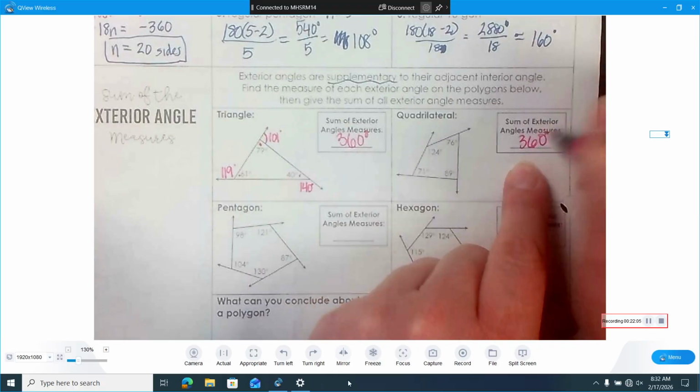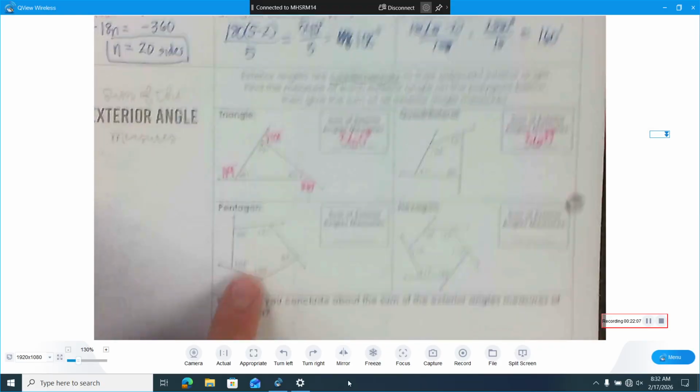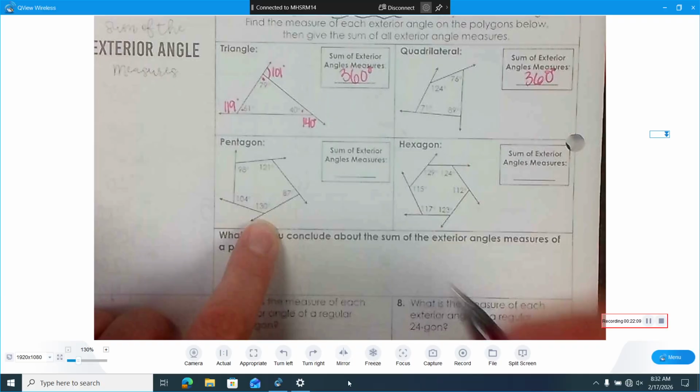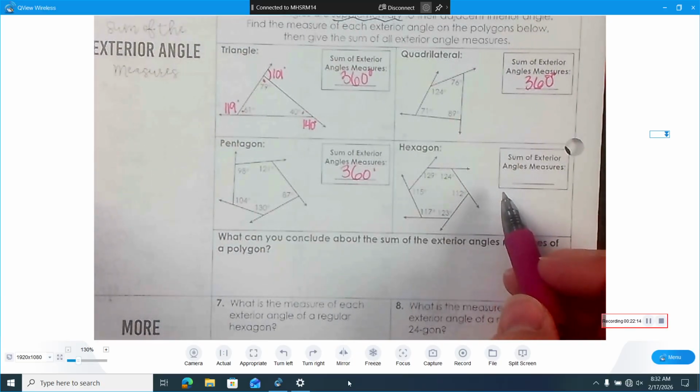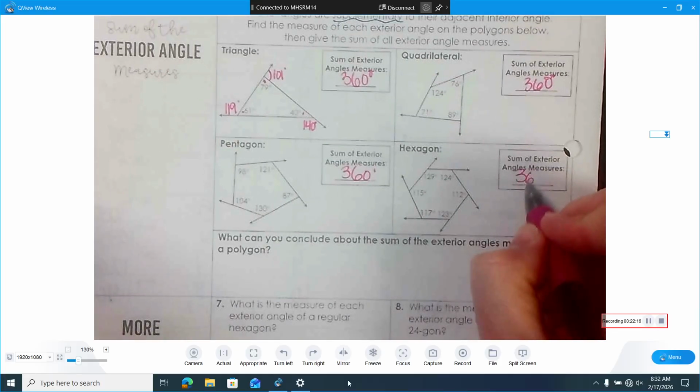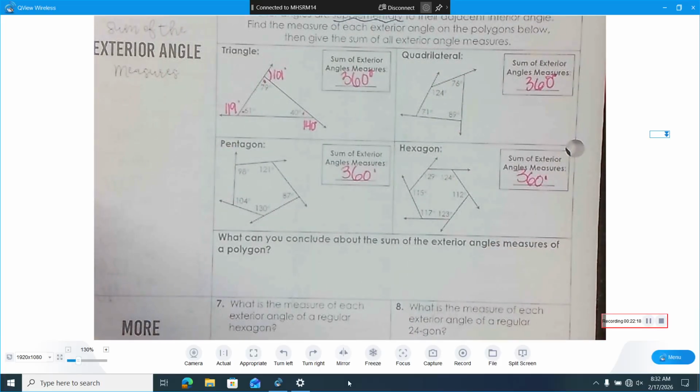Hey, look at that. All right, you guys in the middle, what was the sum for the exterior angles of the pentagon? 360. Hey, you guys over there, what was the sum for a hexagon? 360. Do you think that's crazy or a pattern? It's a pattern. Holy moly, it's a pattern.